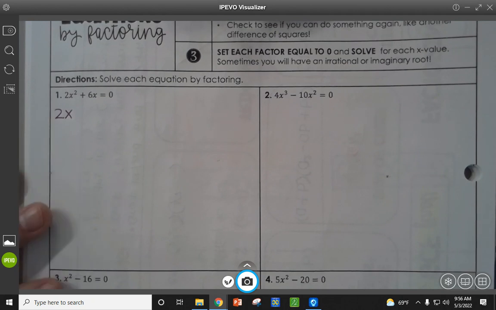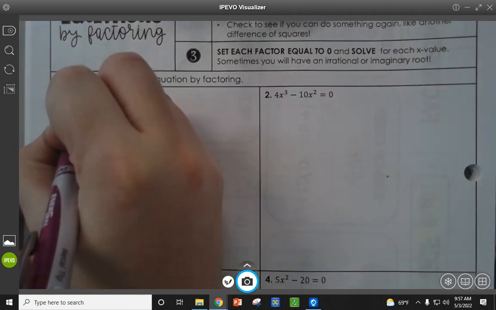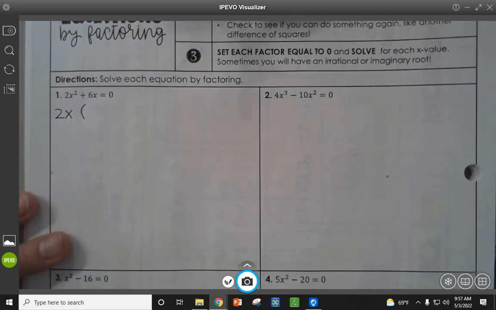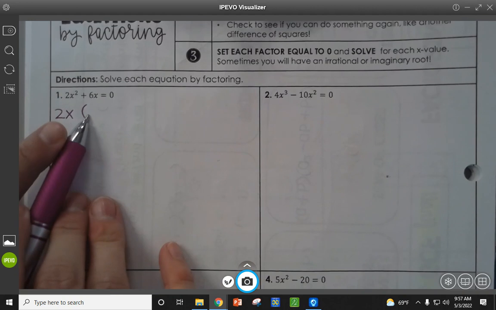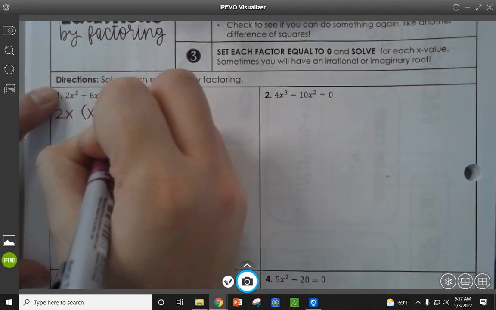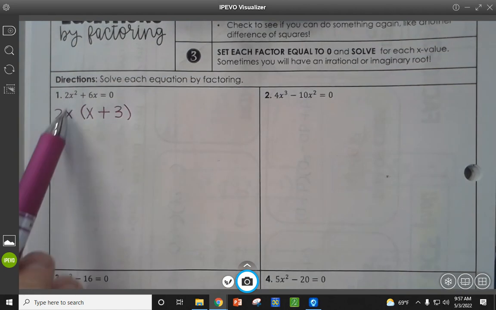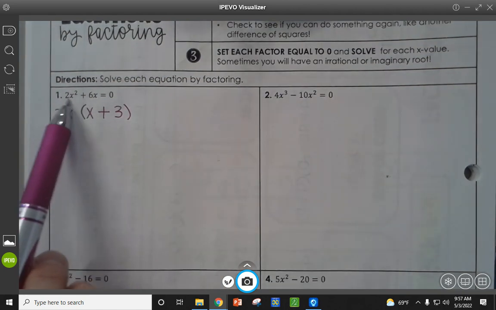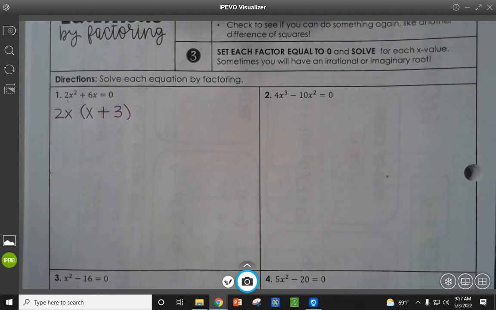Both of those numbers are divisible by 2, and they both have an x. So when I divide by 2x, what's left? 3. This one still has an x left, and then a plus 3, because we only took out 2x. This one originally was 2x squared.